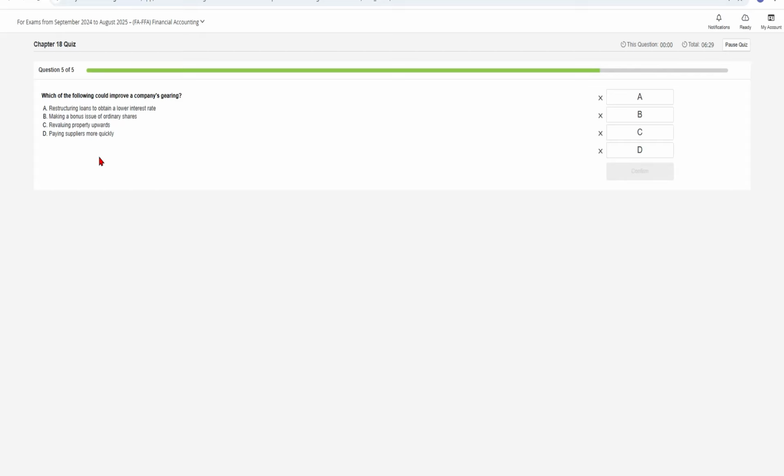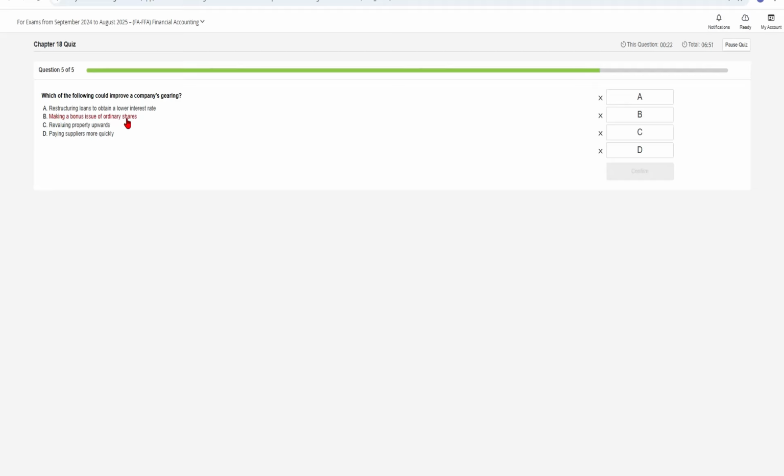Now the last: which one of the following could improve company gearing? Restructuring of the loan to obtain a lower interest rate. If we are taking the loan, there is no increase. Even though the interest rate is changed, our gearing ratio will not improve. Now B, making a bonus issue of ordinary shares.